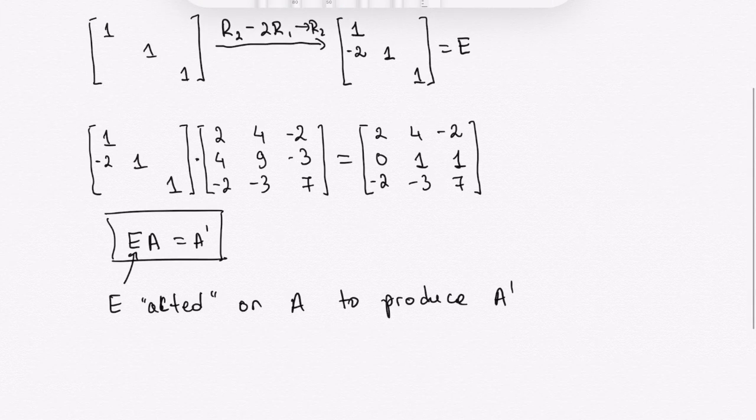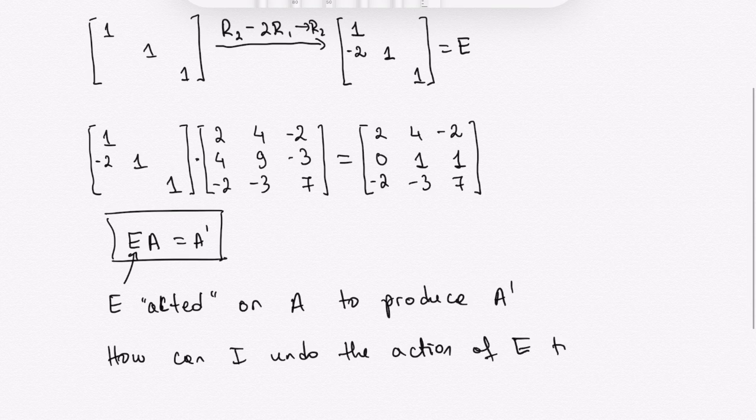So let me ask that question. How can I undo the action of E to go back to A? The question is, can we undo the action?